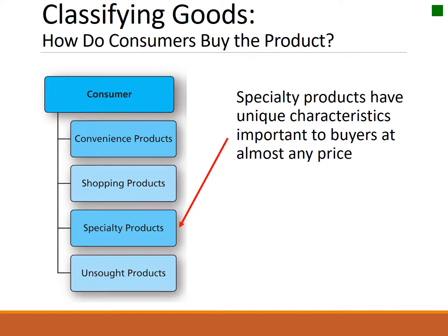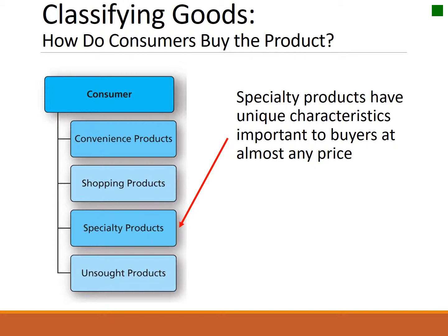2 other categories, specialty products and then unsought products, remain. Specialty goods are ones that are very unique in solving a specific customer problem. They are associated with a lack of access or maybe a small or narrow distribution strategy. So you have to look for these.